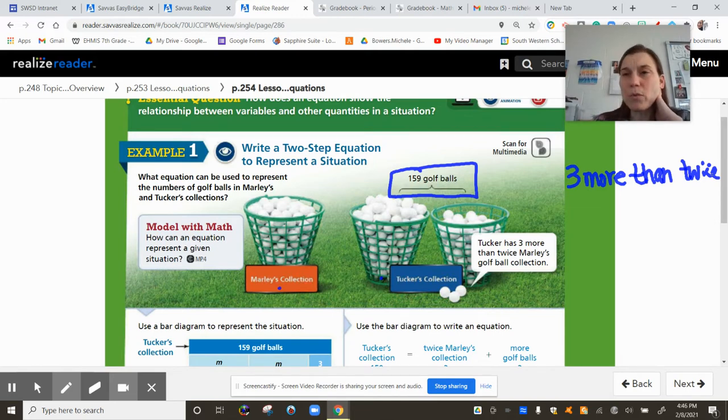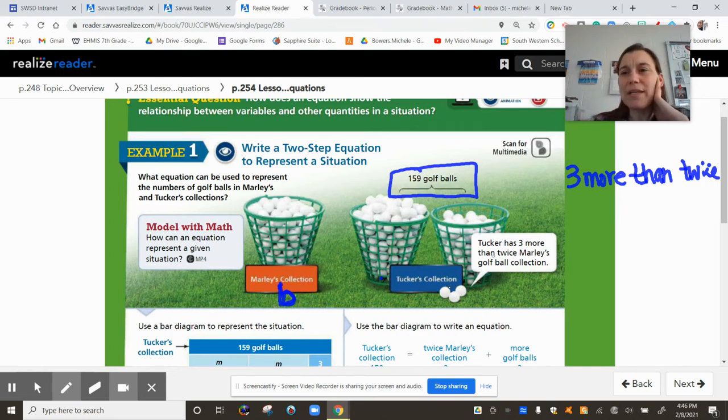So 3 more than twice. Well, I don't know how many are in this basket, so I'm just going to call this a basket of golf balls. So B for basket. But I do know how much Tucker has, so we're going to get to that in a little bit.